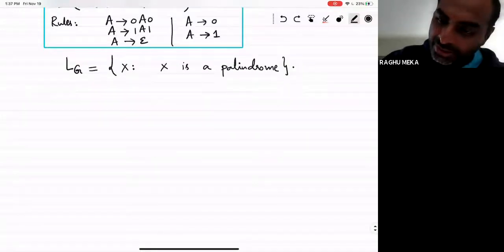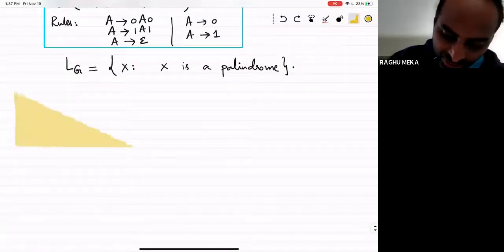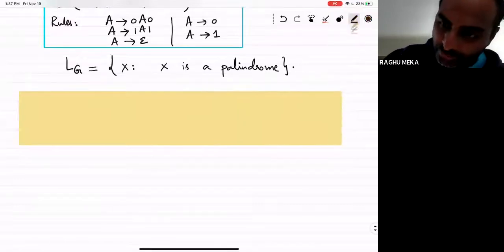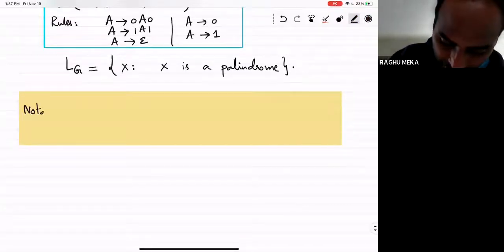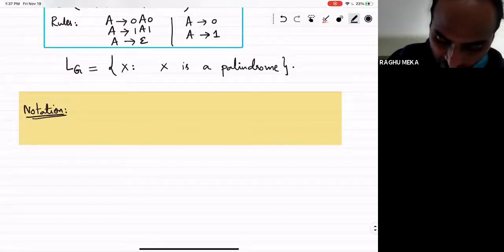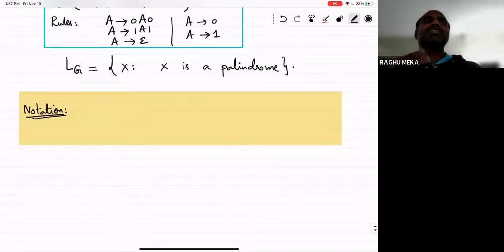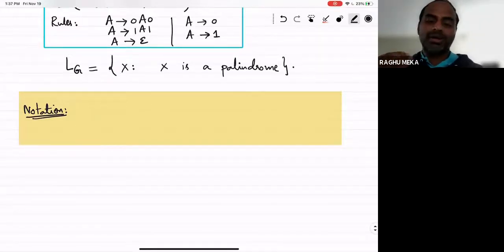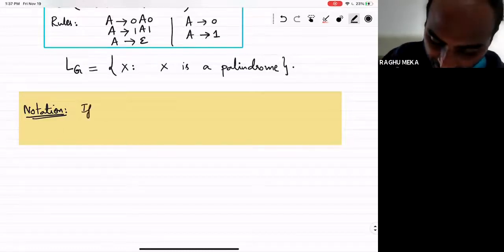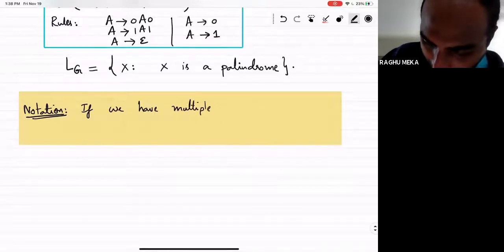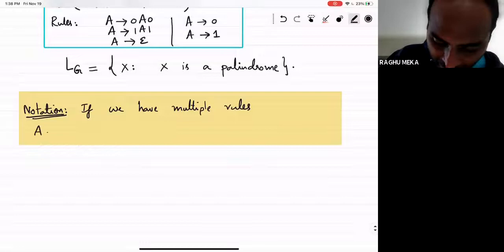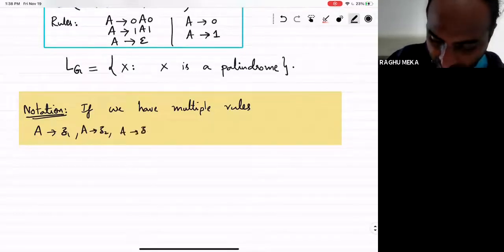Okay, and one notational convention. When we have multiple rules with the same variable, you shorten them so that things become easier to write down. So let's say we have multiple rules: A goes to Z1, A goes to Z2, A goes to Z3.